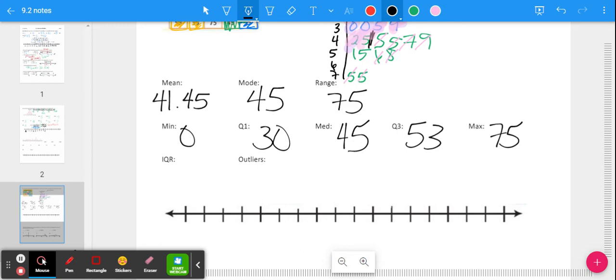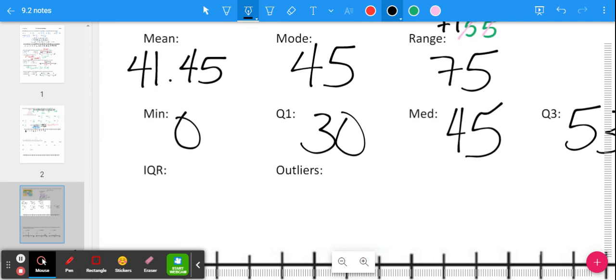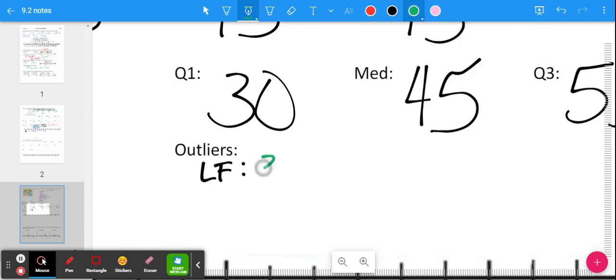All right, so our IQR is Q3 minus Q1. Q3 is 53, Q1 is 30, so the difference between those is 23. And then checking for outliers. So again, our lower fence, which I'm going to refer to as LF, is your Q1, which is 30, minus your IQR, which is 23, times 1.5.